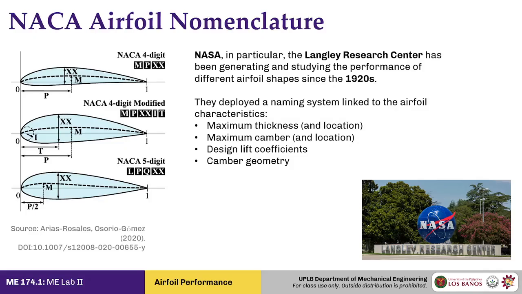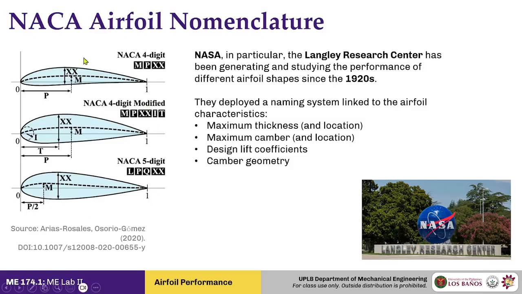But because of that particular naming scheme, it is quite convenient to generate airfoils through that. And they do actually have public equations for generating the four-digit and five-digit. I think the six-digit formula is also available. I'm not sure. You can check it out. And if you plug in that equation, you can generate the airfoil from scratch.